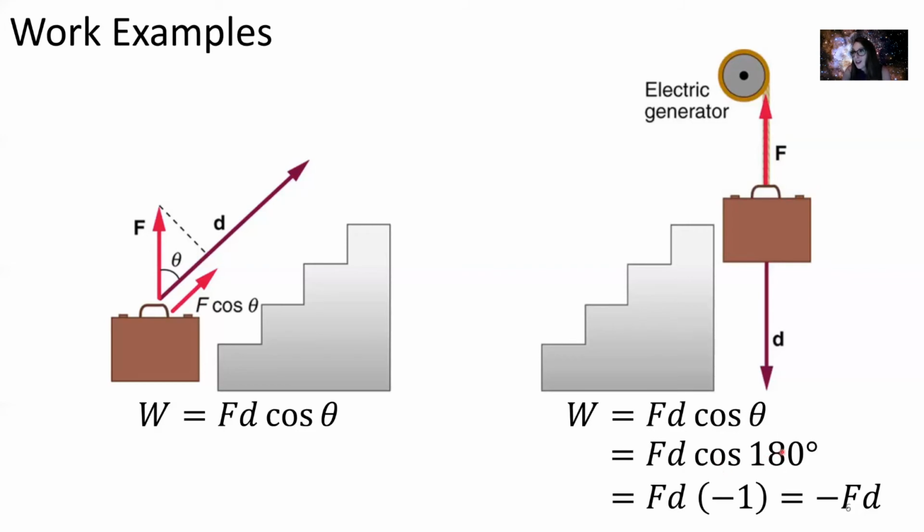Cosine of 180 degrees is -1. So in this case, my work is FD times cosine 180. So that's negative force times the displacement. And so that's going to equal minus FD. So in this case, we're actually doing a negative amount of work by letting our suitcase fall to the ground, or slowly lowering the suitcase to the ground, let's say.